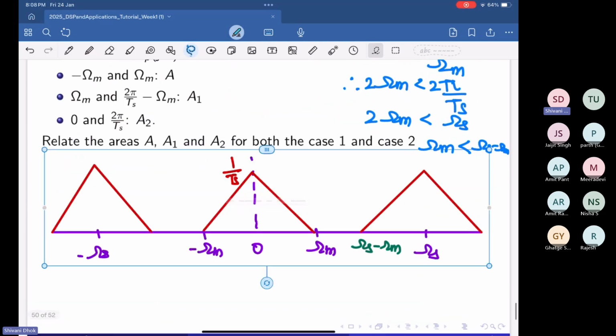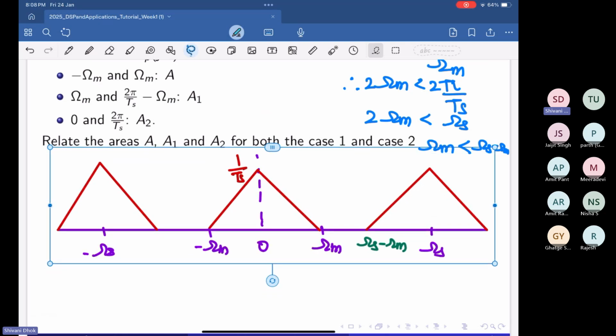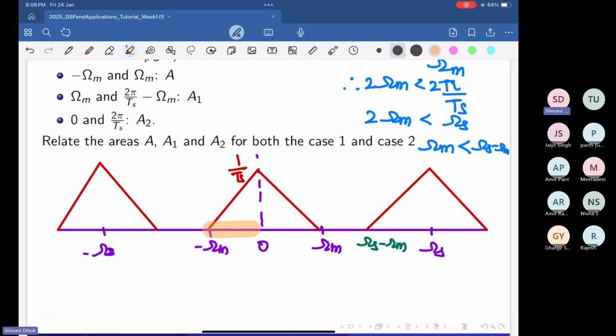So let me take it here. What is given to us is that the area between minus omega m and omega m is A. The area between omega m and this region is A1.